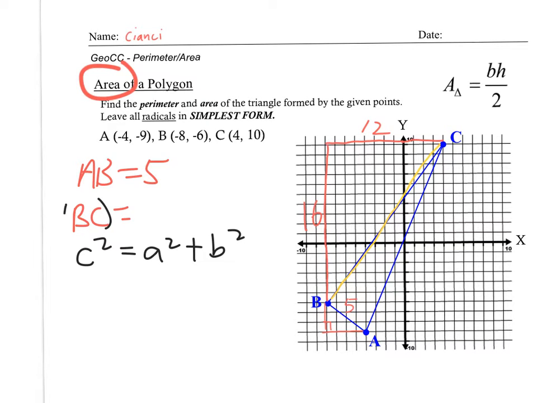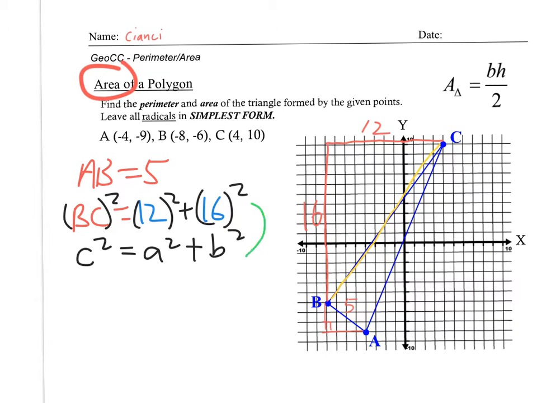So I can square this if I want to find out that length. I already found the 12 and the 16, so we can put those right here, 12 and 16, which we would then need to square and add.